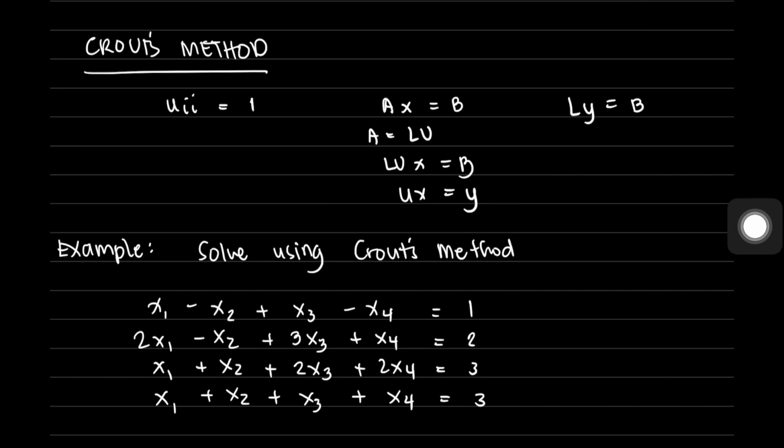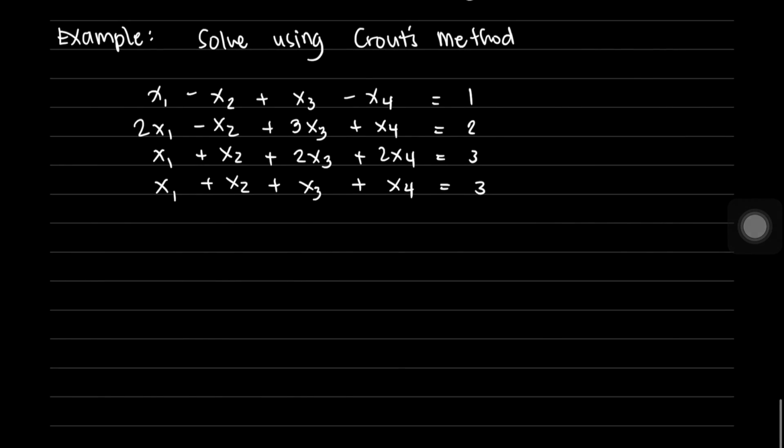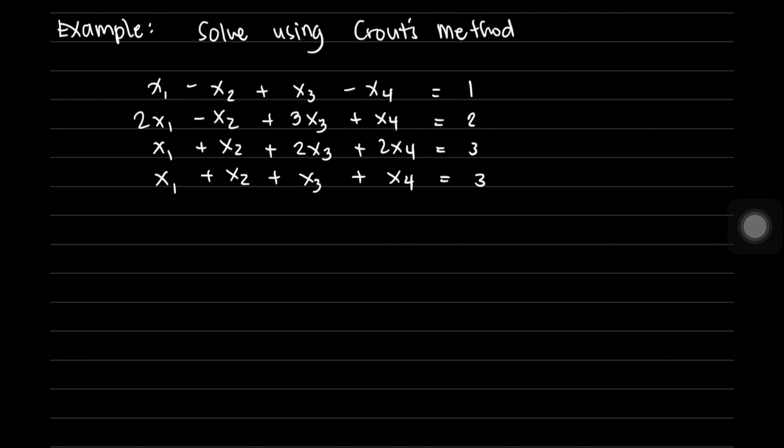In order to illustrate this, let me use our example below. Again, we have a system of four equations with four unknowns: x1, x2, x3, and x4. The first thing we are going to do is create a coefficient matrix.